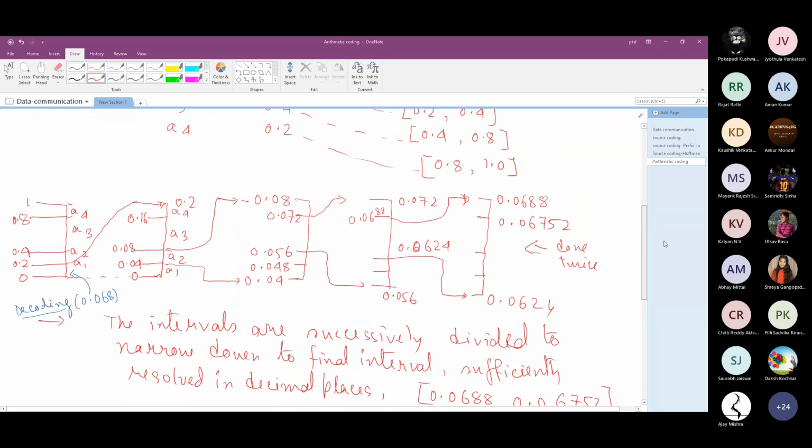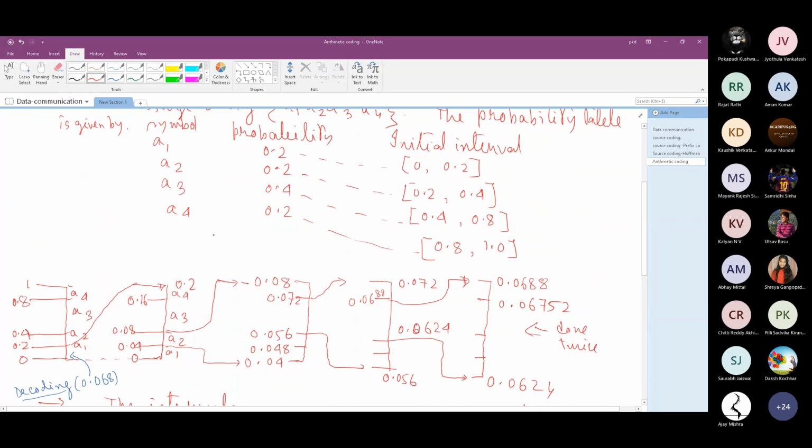Should we not first arrange them in some ascending or descending order? No, that is one of the differences. I should mention that: here that ordering is not necessary. It is ordered in the way the message symbols occur in the message.